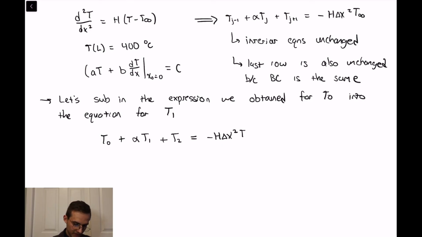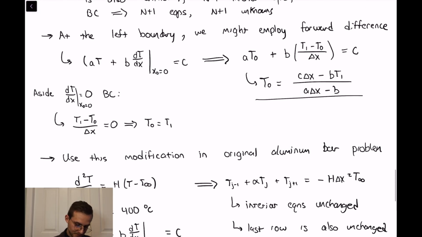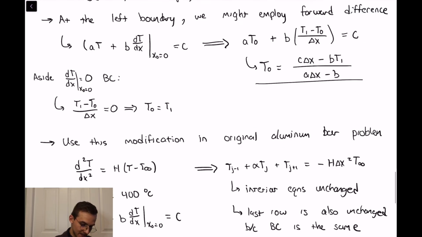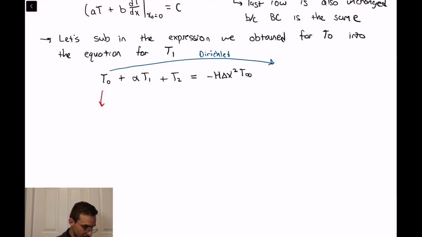Okay, so for the Dirichlet boundary condition, all we did was move this T naught over here. So that was Dirichlet, in blue. But for Robin, we're going to take this T naught that we have on the right hand side of the screen here, and sub it in to where we see T naught. And so what we'll end up with is (c delta x minus b T1) over (a delta x minus b).